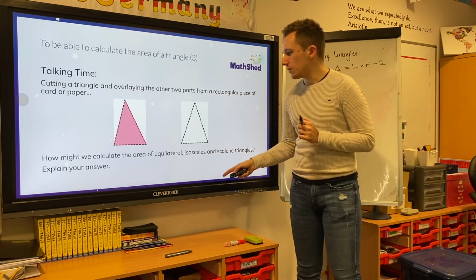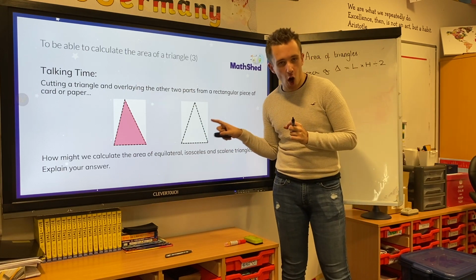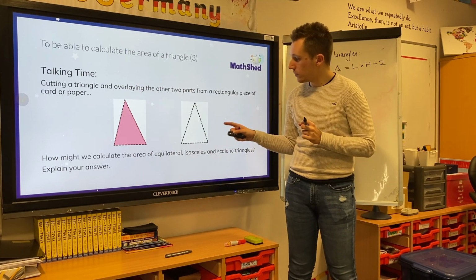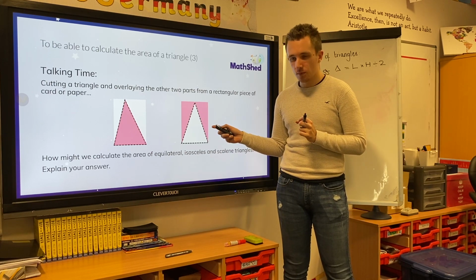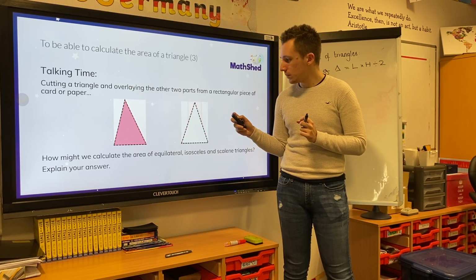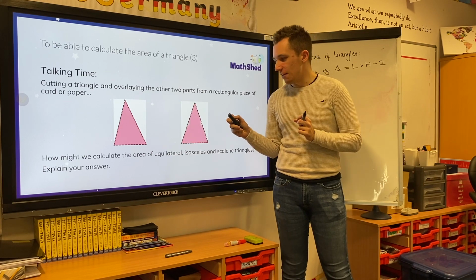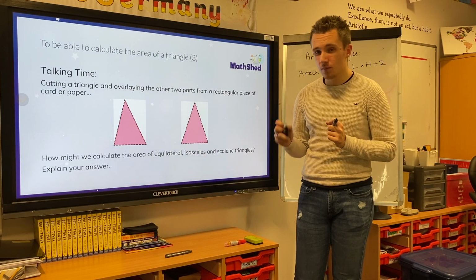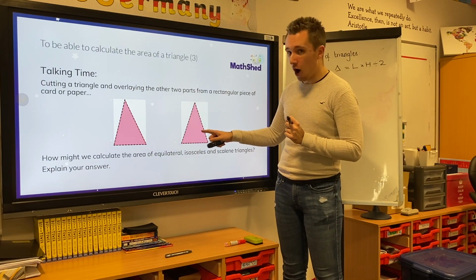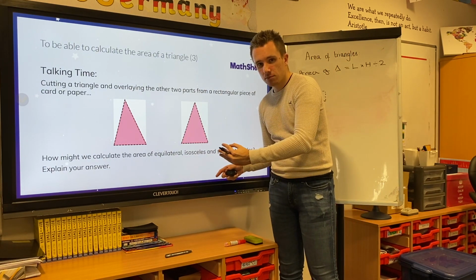Look at this one here. Again, doesn't look like half of a rectangle, but the area outside of the triangle is the same as the area inside the triangle. Therefore, that is half of the whole thing.